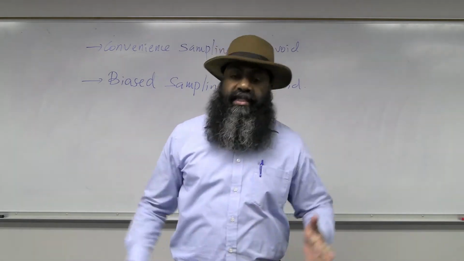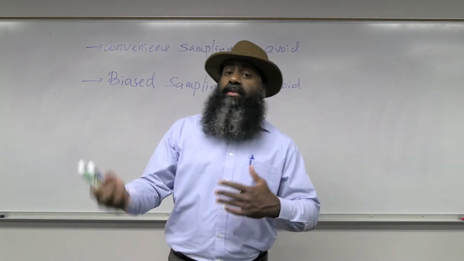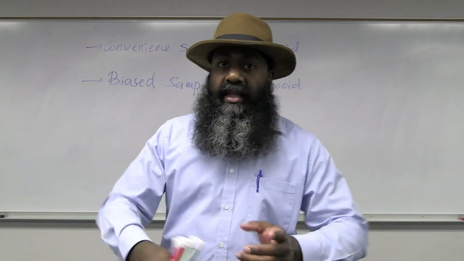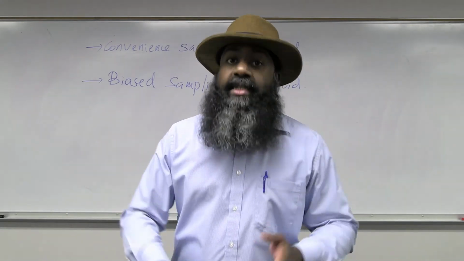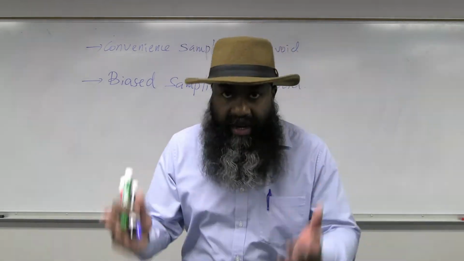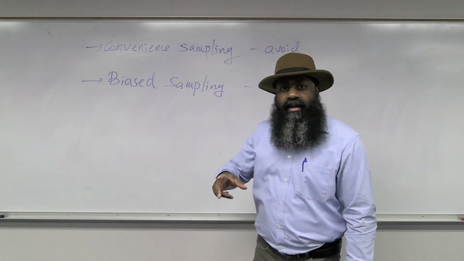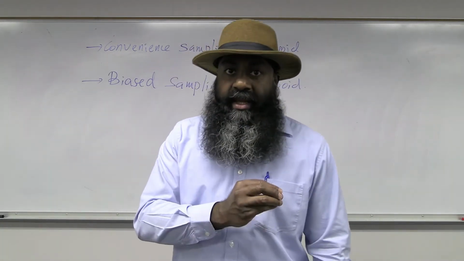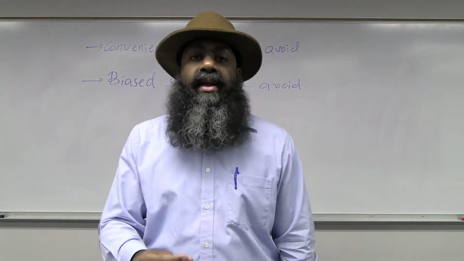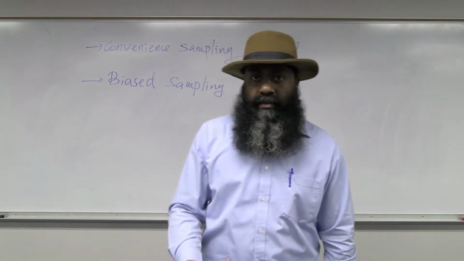Now if I go ahead and select a sample consisting of the tallest students in the university, it is a biased sample. I shouldn't be doing that. When I select a sample, I should select an unbiased sample. That's the most important guideline in selecting a sample.